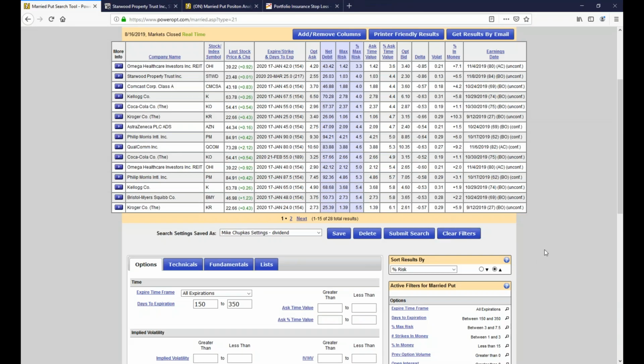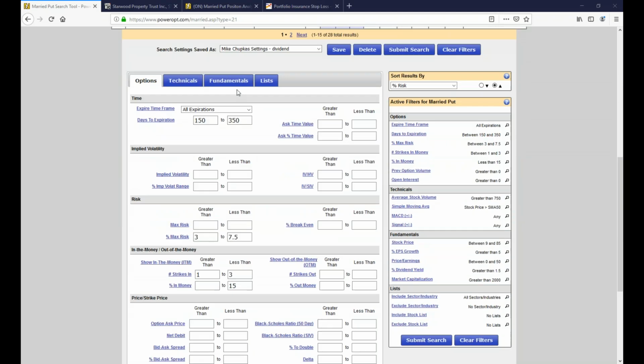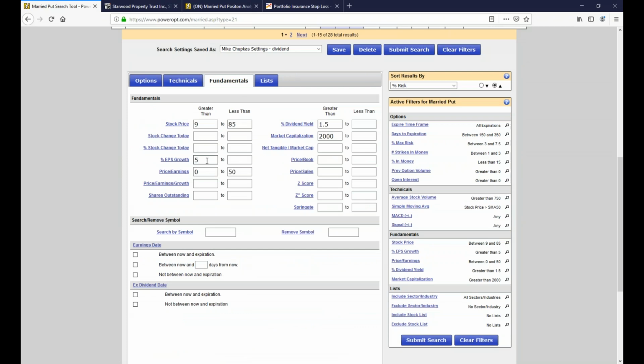But we don't draw the charts for you or say, yes, this stock is moving up, this stock is moving down. Okay, that's not what we do. We don't give direct stock recommendations, but you can set up the search to look specifically for what you want to see.